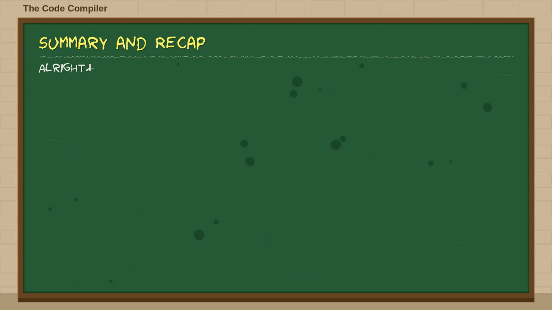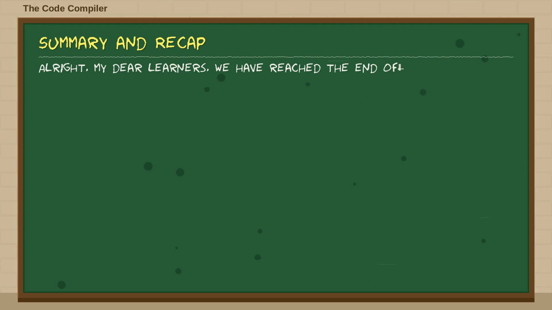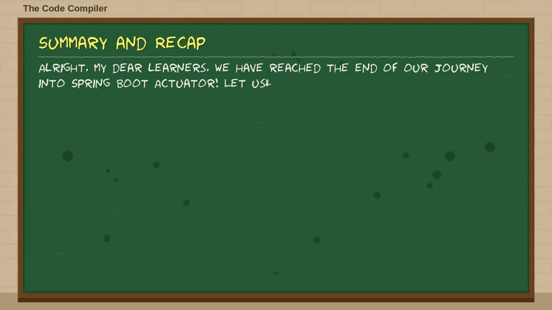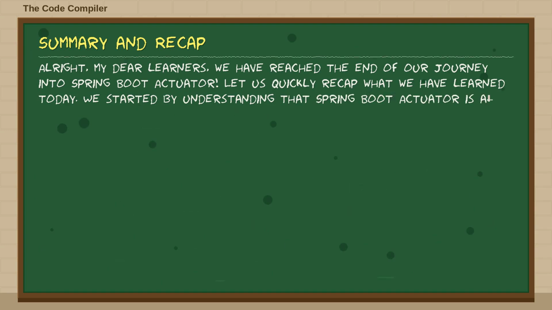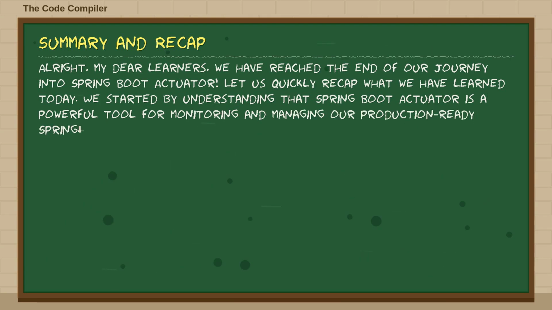Alright, my dear learners, we have reached the end of our journey into Spring Boot Actuator. Let us quickly recap what we have learned today. We started by understanding that Spring Boot Actuator is a powerful tool for monitoring and managing our production-ready Spring Boot applications.